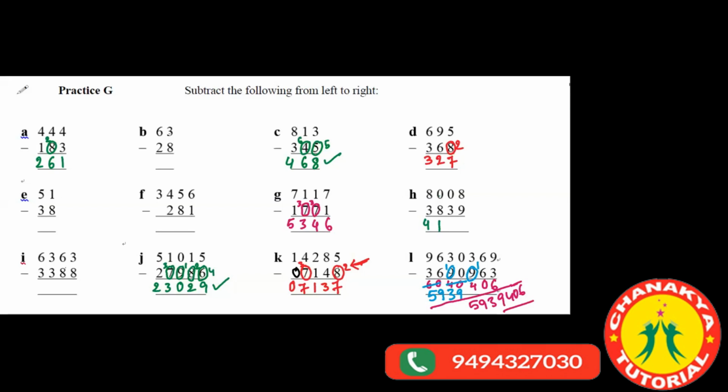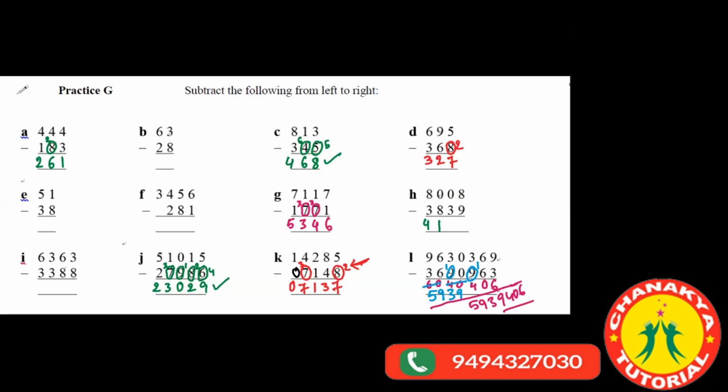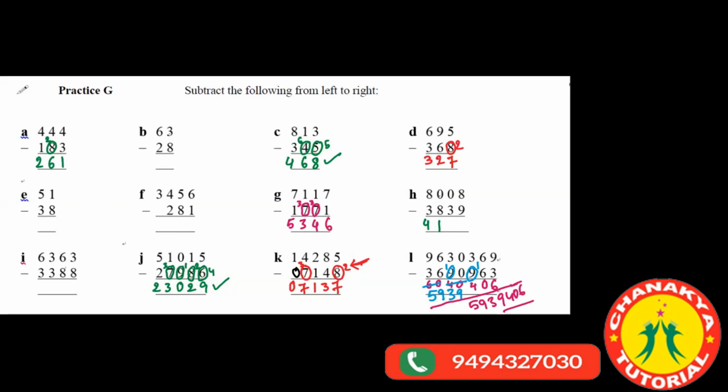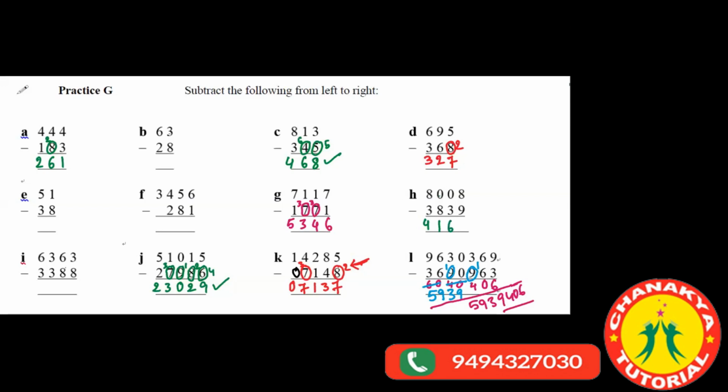And then 3. Complement of 3, sorry, sir, 7. But what to write? 7, but you have to write 6, sir. Okay. Then 9, sir. 9's complement is 1. 8 plus 1 is 9. Good.